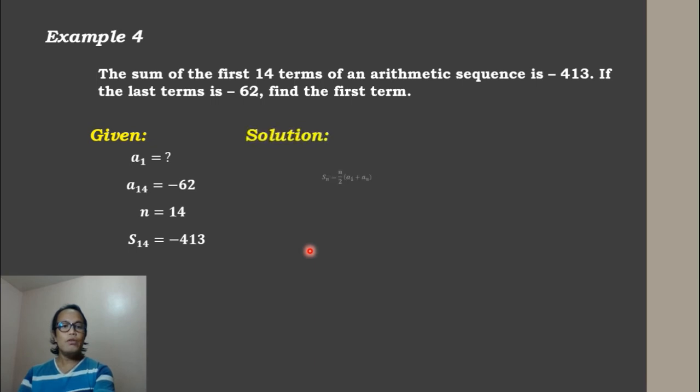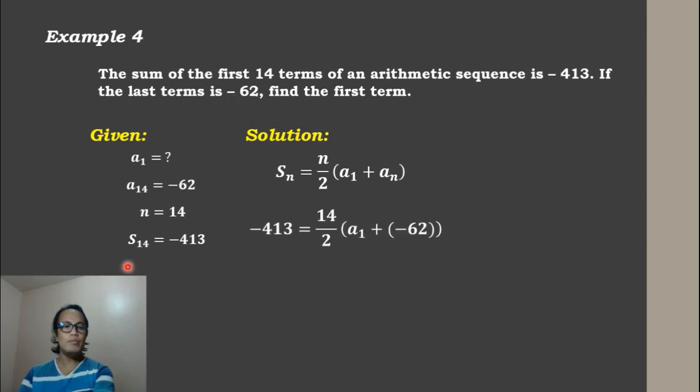So for the solution, we need to use the first formula since we are given the last term, which is negative 62. So we substitute, we are given S sub 14, which is the sum, which is negative 413, equals our n is 14, then divided by 2, the first term is unknown, so that's why we copy a sub 1, plus our a sub n is negative 62.